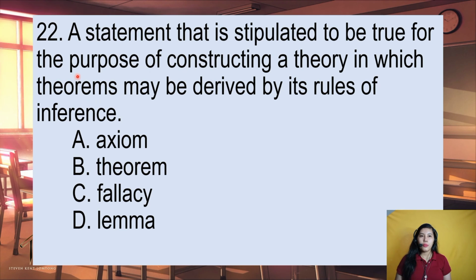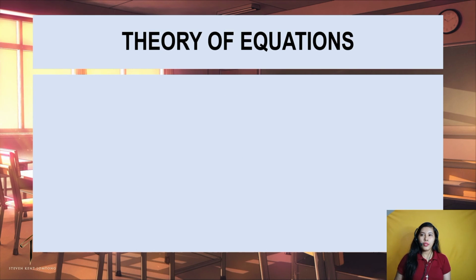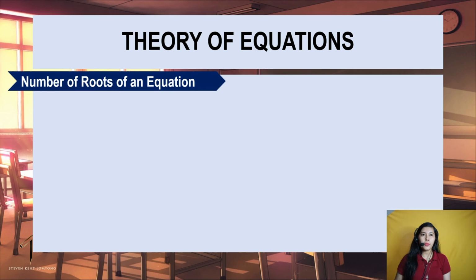We also have a statement that is stipulated to be true for the purpose of constructing a theory, in which theorems may be derived by its rules of inference. So, we can't choose anything else there, so that's probably the answer. That's axiom.